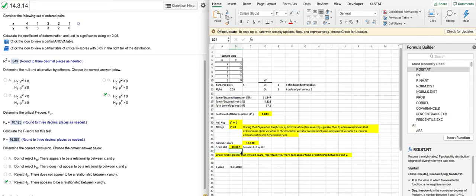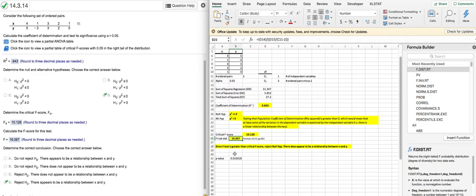To interpret our results, we can do it a couple of different ways. It did not ask for the p-value, but if we go by the F statistic versus the critical F-score, the F statistic is greater than the critical score, which puts us in the rejection area. Recall that the F distribution is a skewed right, upper tail distribution. So our F-test statistic lies in the rejection area, we reject the null hypothesis, and we state that there does appear to be a relationship between the x variable and the y variable.